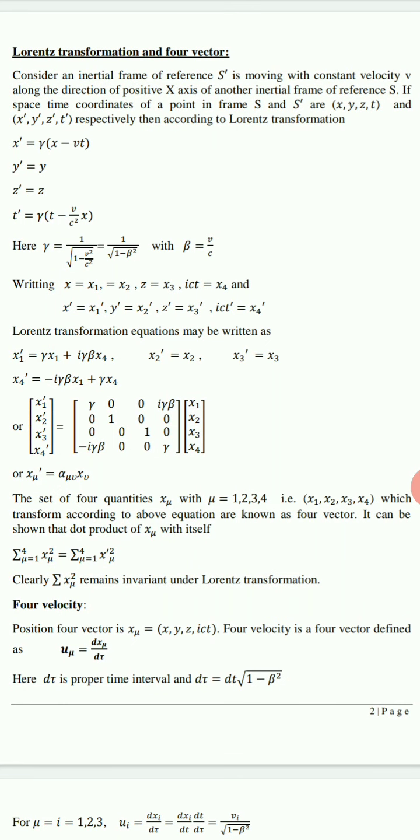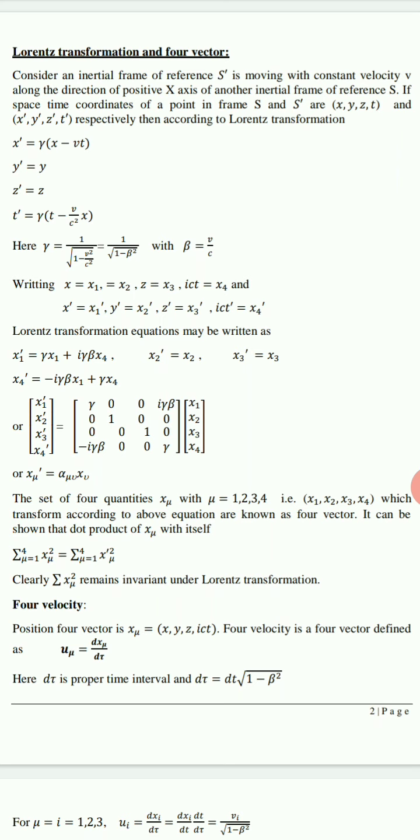We start with the first topic, Lorentz transformation and 4 vector. In Lorentz transformation, we have 2 inertial frames of reference, S and S dash.